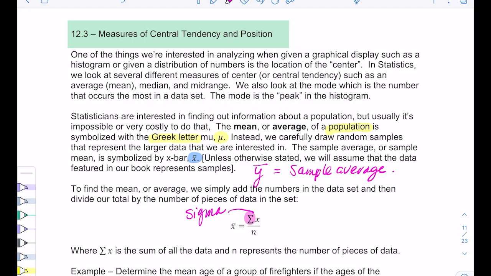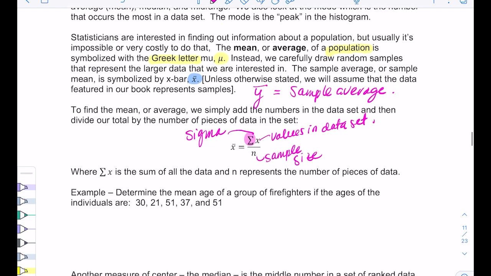So you're going to add. It's just saying take all of the data values and add them and then divide by n, and n is your sample size. And we know X bar is your sample average.